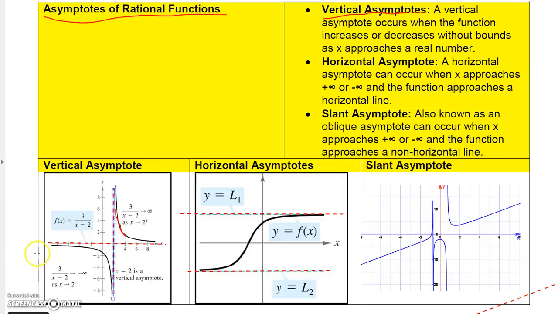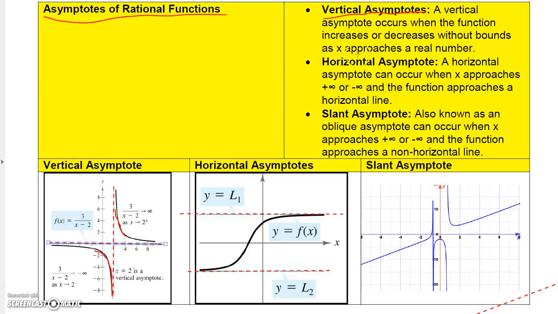Another thing you can notice is if you approach the line from the other side, as you approach x equals 2 from the other side, notice how the graph decreases without bound. So that tells us we're going to have a vertical asymptote. So this graph has a vertical asymptote at x equals 2.